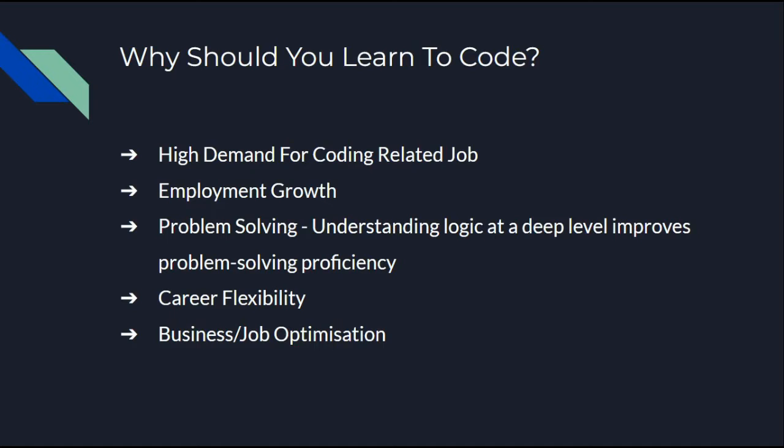statistically, I had to check on the most important aspects of coding, or the most demanded aspects of coding, and I found that blockchain development, web development, software development, app development, these are among the highest demand coding related skills.